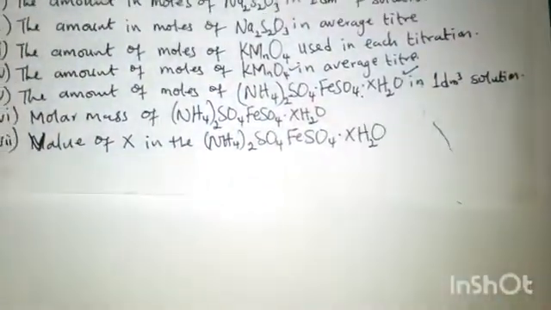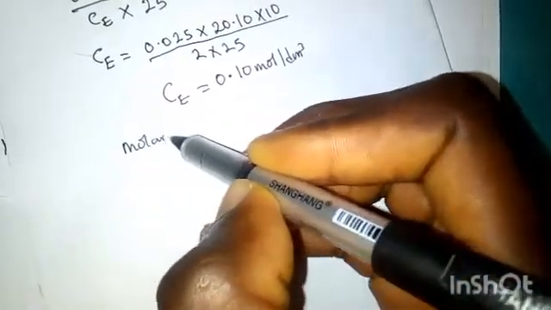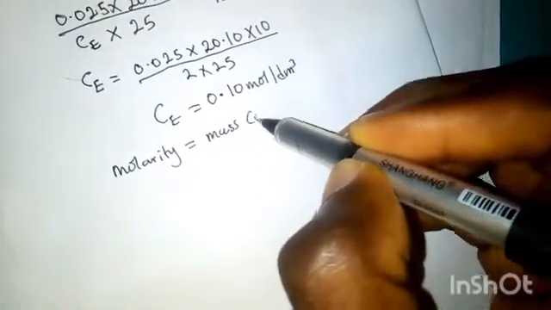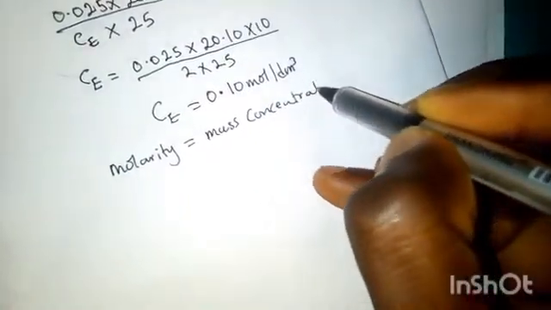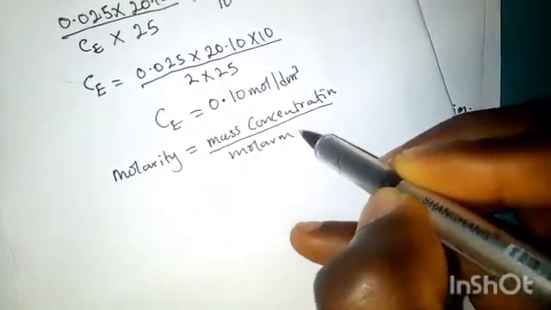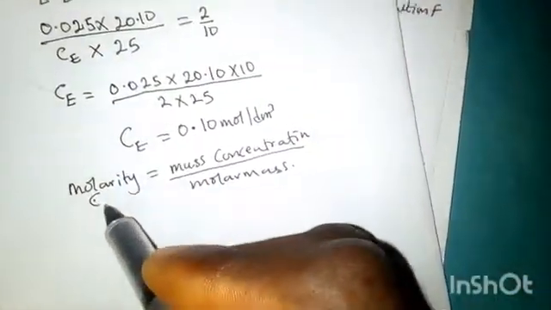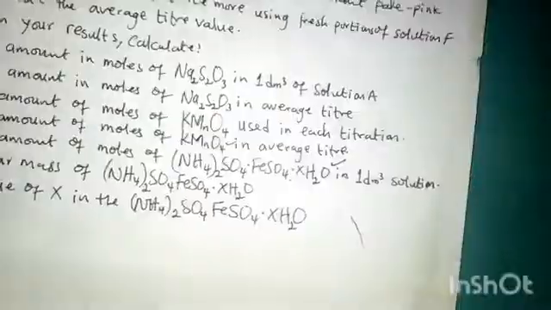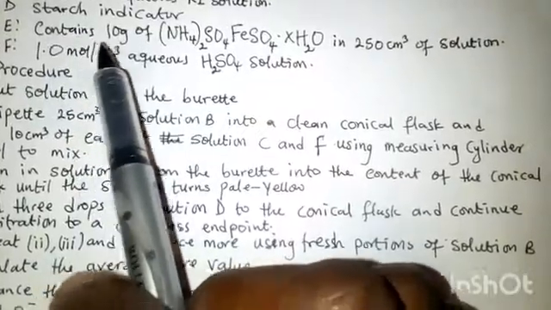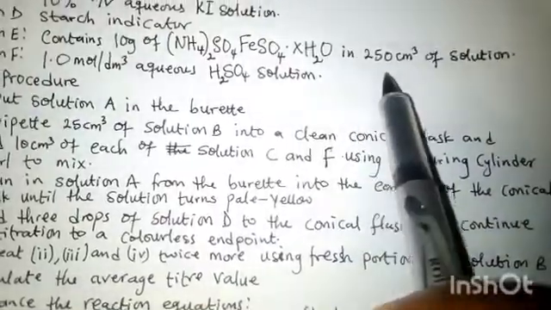So we need to find the molar mass. Since we don't know the molar mass, we know that molarity is equal to mass concentration all over molar mass. Now we have the molarity, which is CE. Now what about the mass concentration? Then we need to go back to the question. In the question we're told that it contains 10 gram of this salt in 250 centimeter cube.